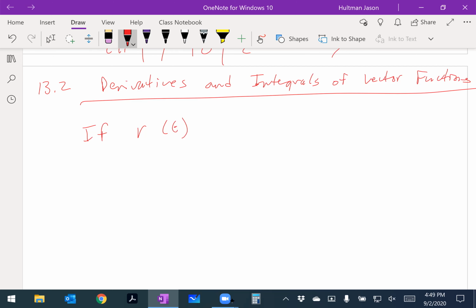Okay, derivatives and integrals. Let's look at our vector valued function here. Okay, r of t.